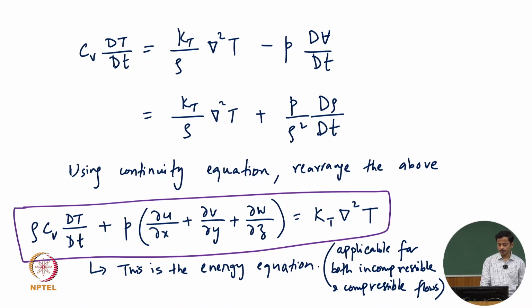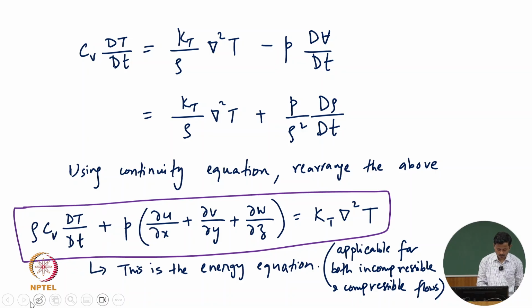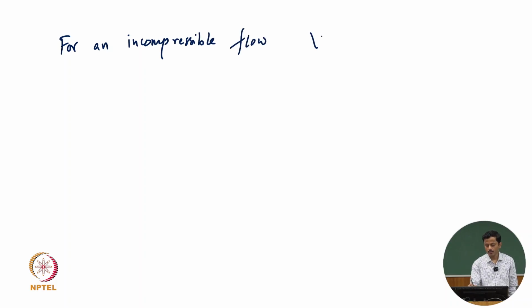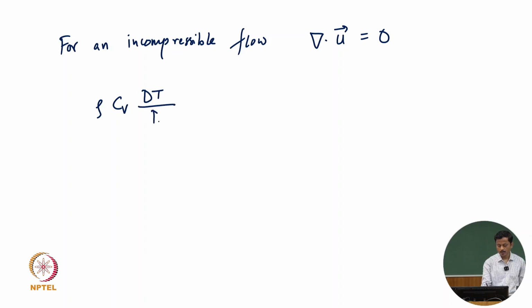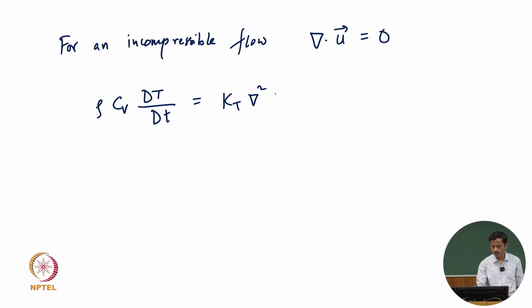However, for incompressible flow, the divergence of the velocity field is restricted to be zero, which means this term should go to zero. So we have rho Cv times the total derivative of temperature equal to kT del square T.